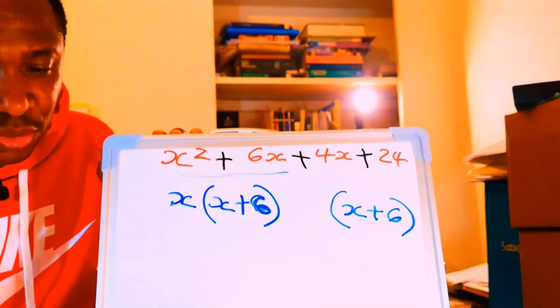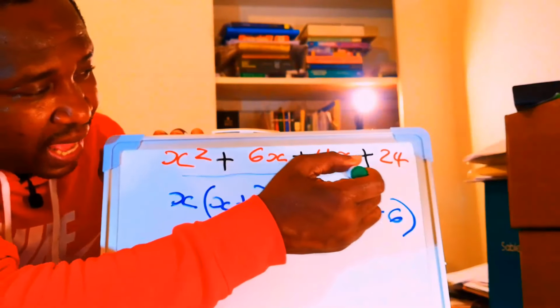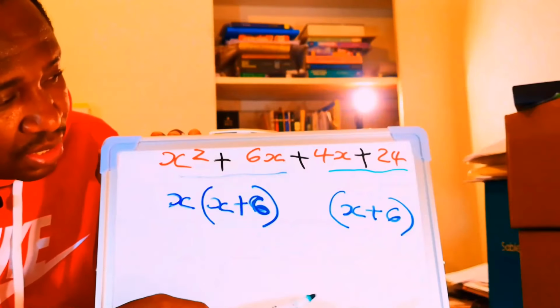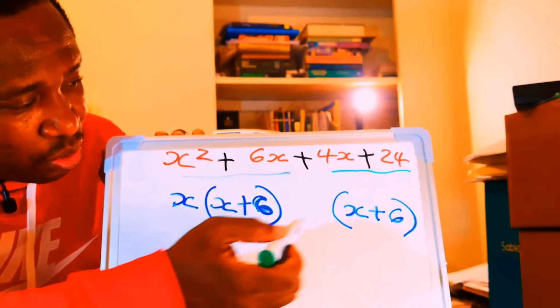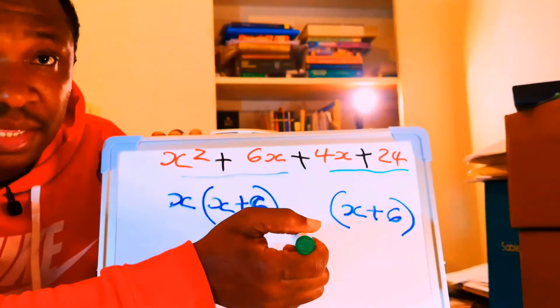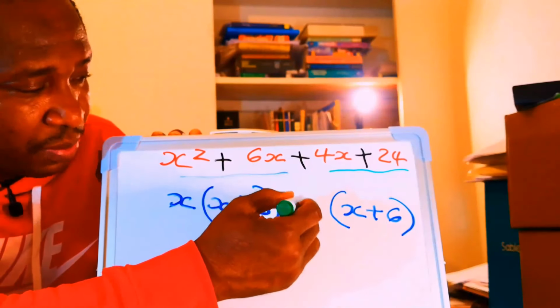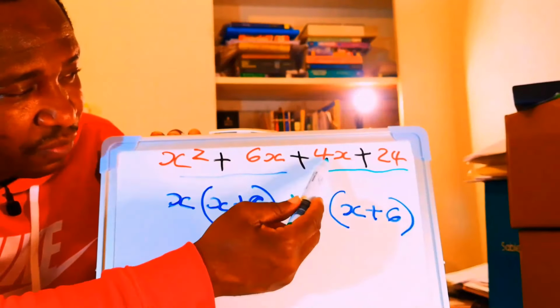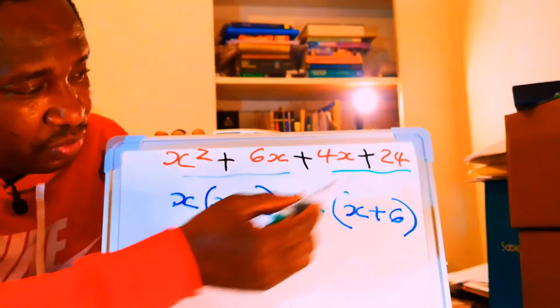The next thing I need to consider is the last two terms, which is the third and the fourth term. Now I need to ask myself, what do you think I will put here? When I multiply with this x, I will get the third term, and it's going to be plus 4. This times this, 4 times x will give you 4x, and 4 times 6 will give you 24.